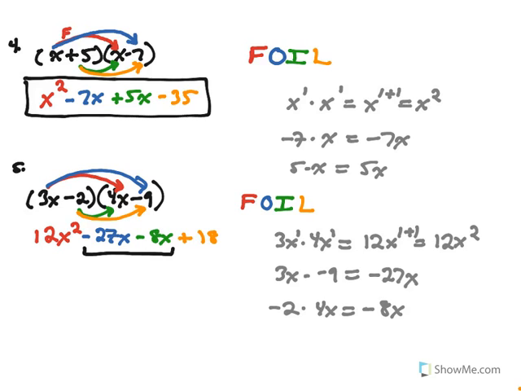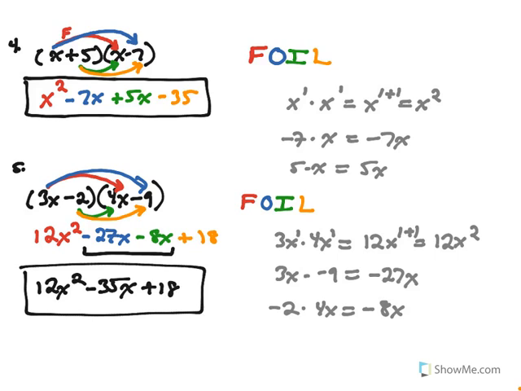As long as the variable attached to them is the same, we can combine the coefficients. When you do negative 27 minus 8, you get minus 35. So the final answer for this will be 12x squared minus 35x plus 18. And that would be your final or simplified solution.